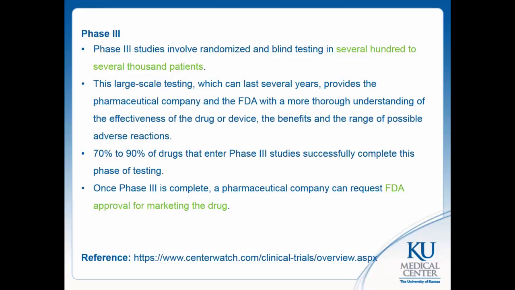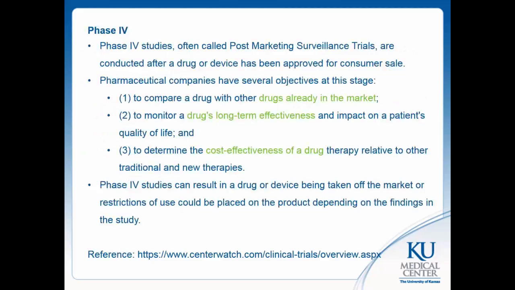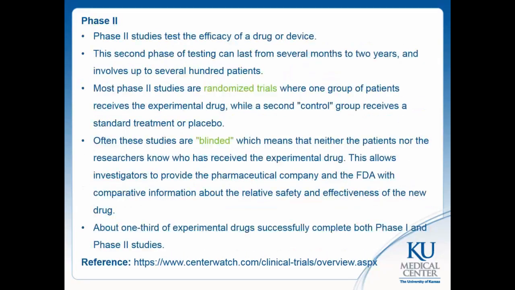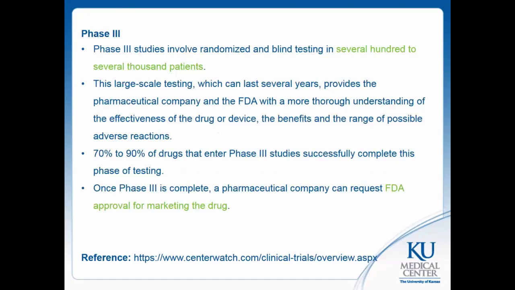And if phase two is successful, then the drug or the new treatment moves on to phase three. So phase three is larger. Phase two is larger than phase one, definitely, and phase three is larger than phase two, but 70 to 90% of studies that enter phase three are able to successfully complete it.